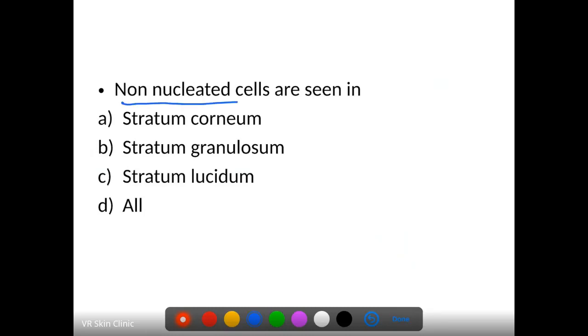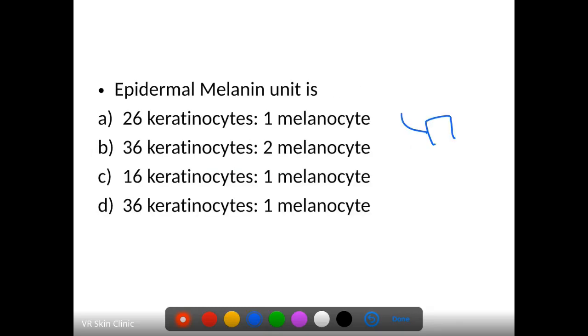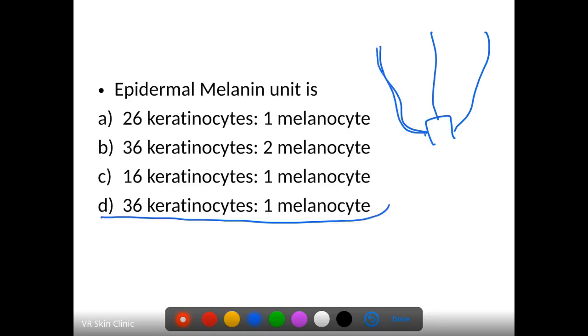Non-nucleated cells are seen in, this is a very easy question, the stratum corneum, the uppermost layer. Epidermal melanin unit: we have learned this. One melanocyte is in contact with and supplies many keratinocytes, that is 36 keratinocytes.